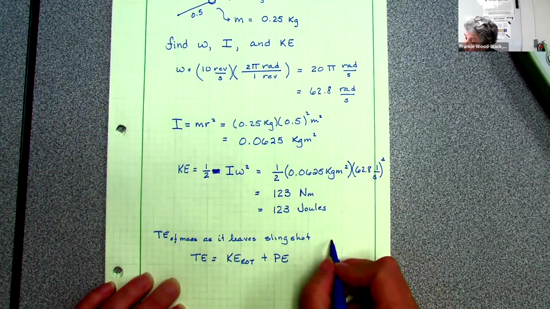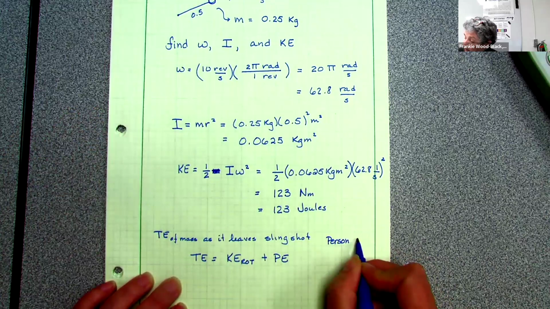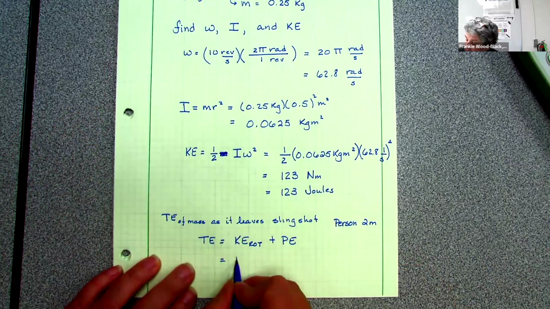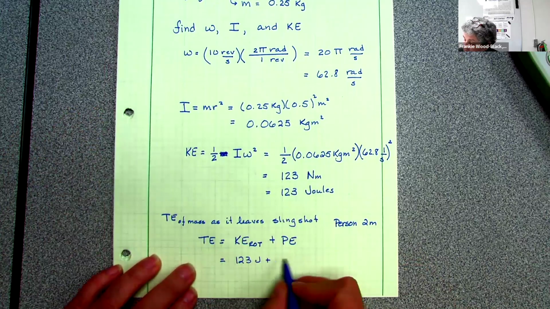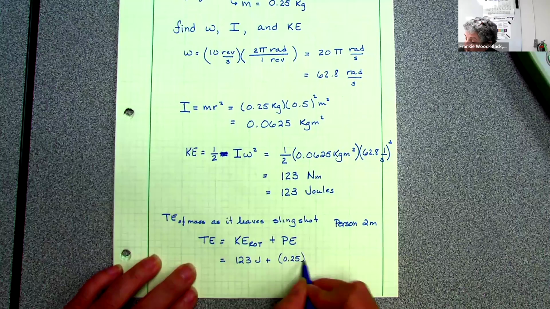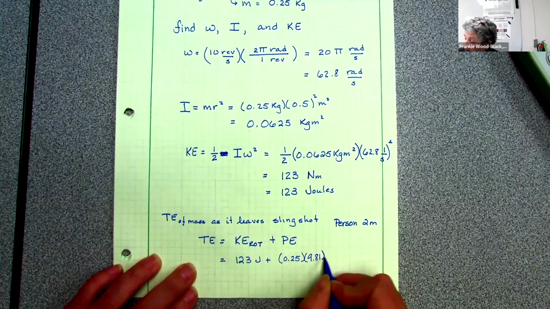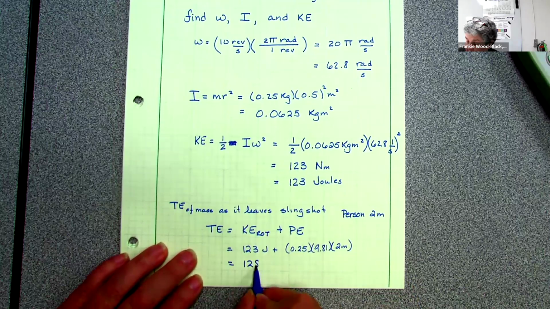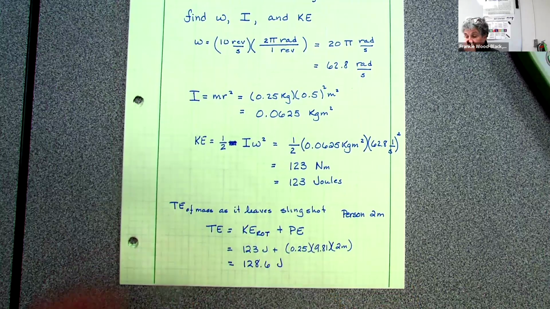And we're going to assume that our person is 2 meters tall, about 6 feet. Okay. And we're going to get 123 joules plus my 0.25 times 9.81 times 2 meters. So I've got that part in there. And so I'm going to end up being 128.6 joules. So that's going to be the total energy of the slingshot as it leaves that person.